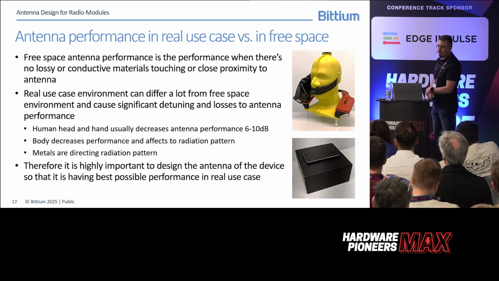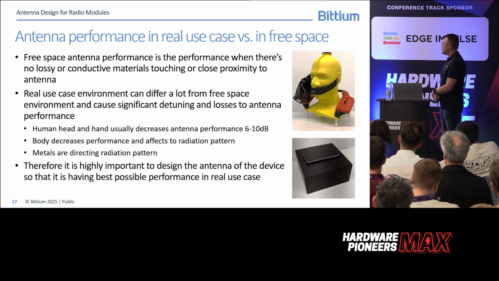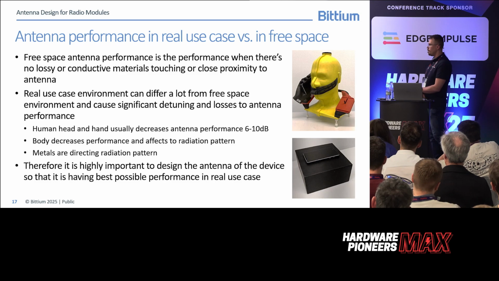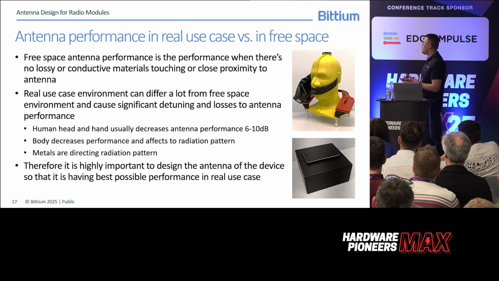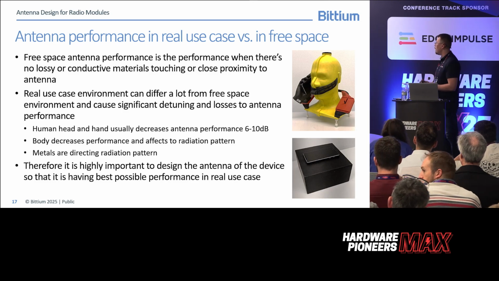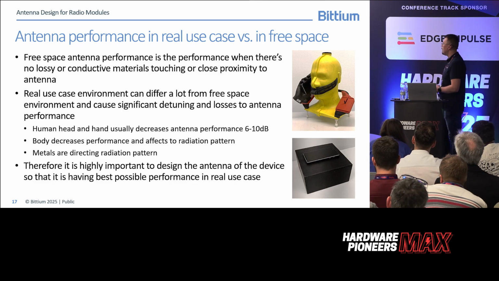One thing to consider when designing antennas is the antenna performance in a real use case versus the performance in free space. Free space performance is when you don't have any dielectric or conductive materials around or nearby the antenna.